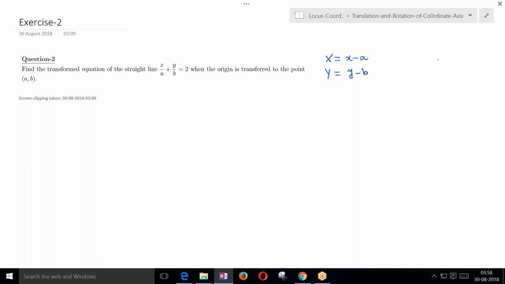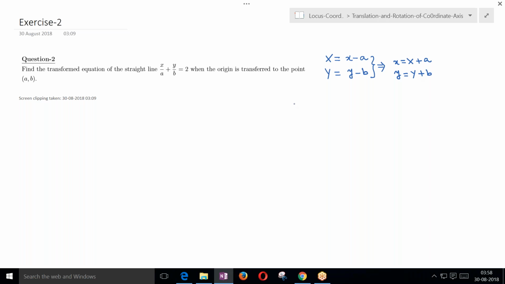From this relation we get the value of x is equal to capital X plus a and y is equal to capital Y plus b.